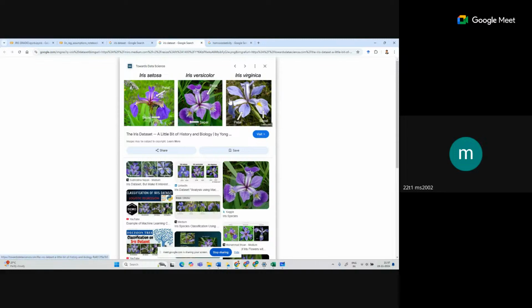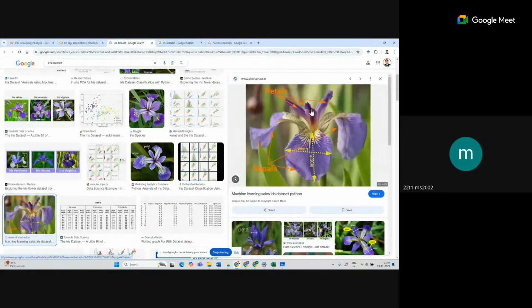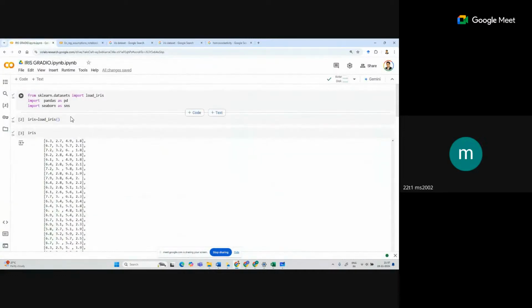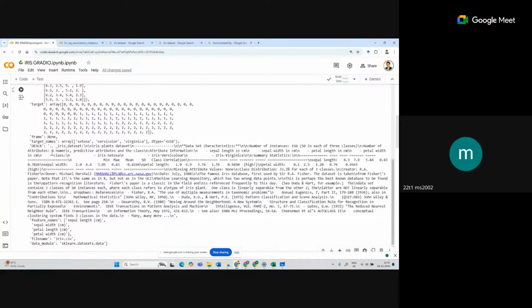They all look similar. Maybe the colors are different, but regarding the size of petals. You have 4 dimensions or 4 features or 4 independent variables. These ones are called petals. These ones are called sepals, right?